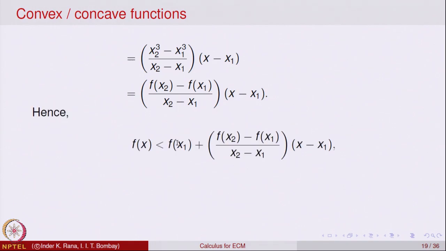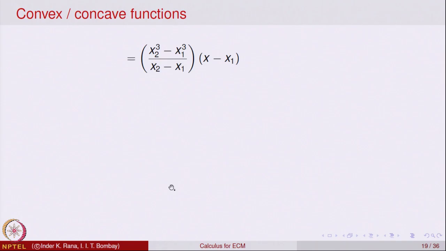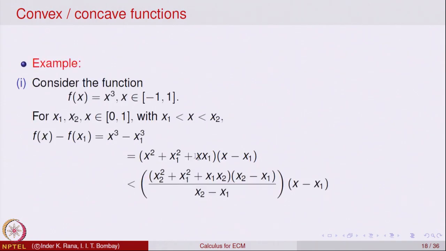So, what we get is that f of x is less than or equal to f of x 1 plus f of x 2 minus f of x 1 divided by x 2 minus x 1 into x minus x 1. Here we have assumed, of course, one should be a bit careful: we have taken x between 0 and 1, that is why every inequality was maintained.